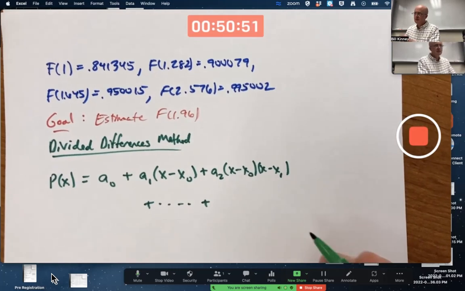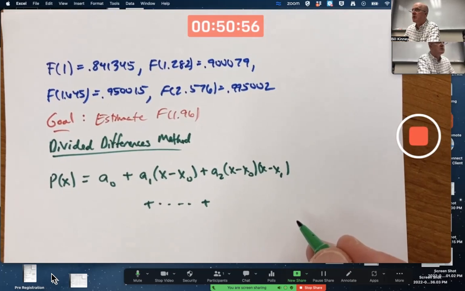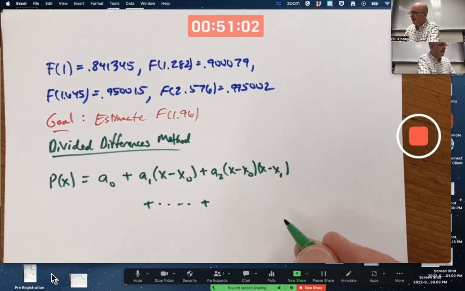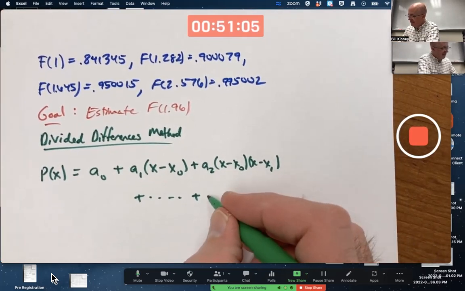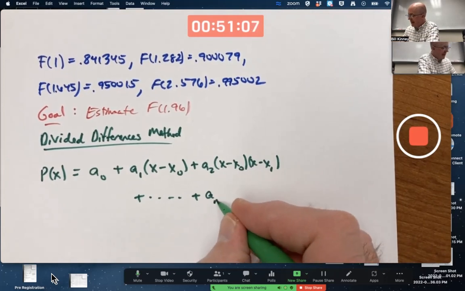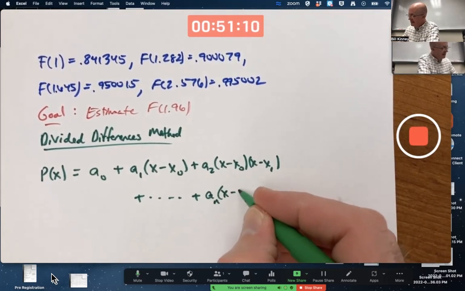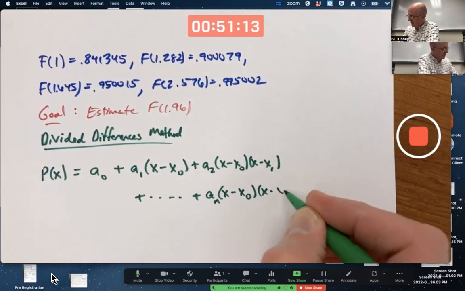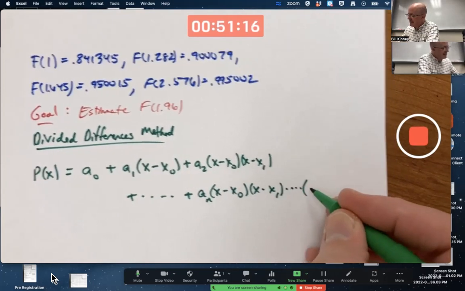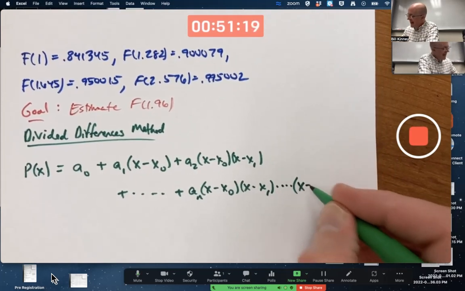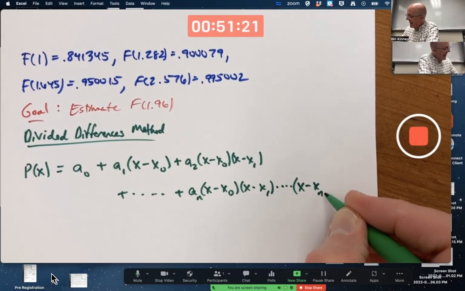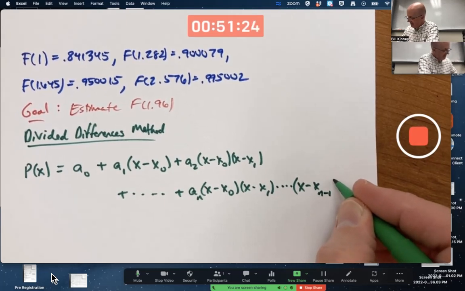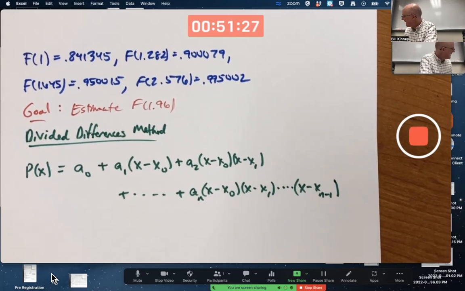etc. Remember, in general, you've got n plus 1 points, n plus 1 nodes, starting with the 0th node and going through the nth node. So you need an nth degree polynomial. The last coefficient would be labeled a sub n times x minus x0 times x minus x1 times dot, dot, dot, times, careful here, it's x minus x sub n minus 1 instead of x sub n.